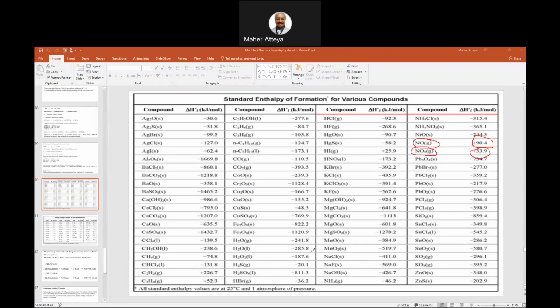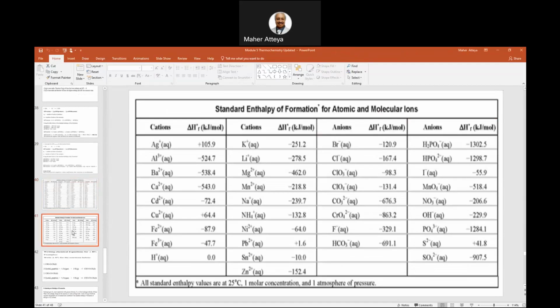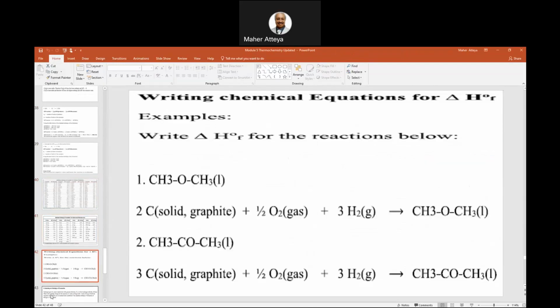If you don't see it, it has to be 0, because for a molecule by itself, oxygen is 0. Oh, oxygen is not there, so let me see the other side. Here it is. Oxygen is 0. Those are ions, all of them are ions. So let's look at the values we have here.